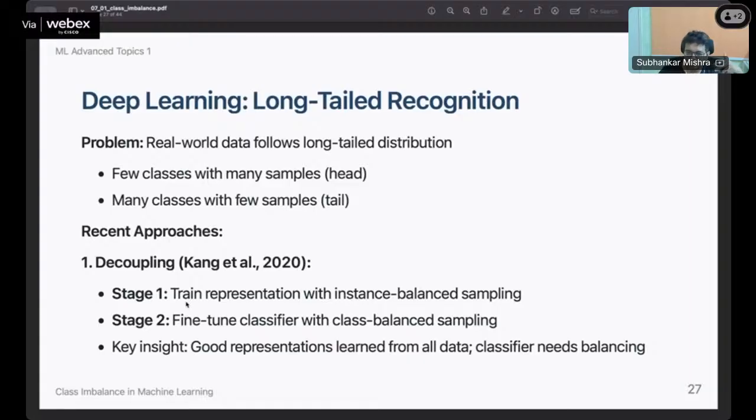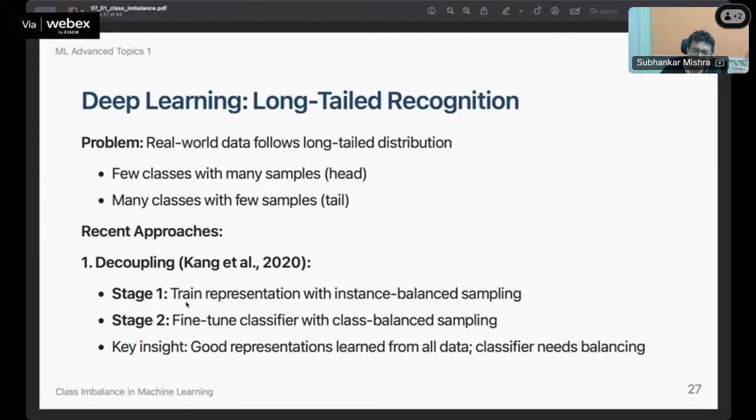Then we freeze part of it, basically the encoder, and only the classifier will get trained with class balanced sampling. So if I have been given 90 and 10, initially I will learn from all of the 100. Of course it does not understand the minority and majority distinction very well, but it at least understands the data itself.